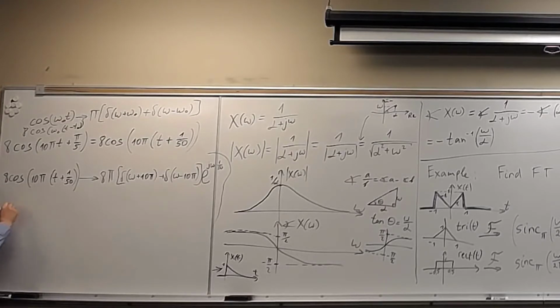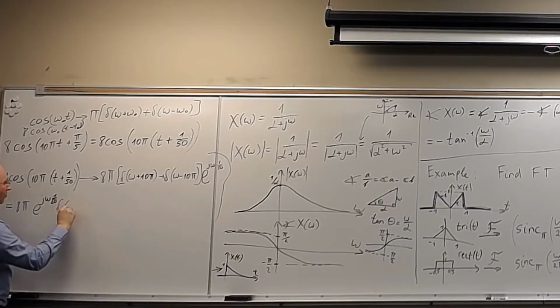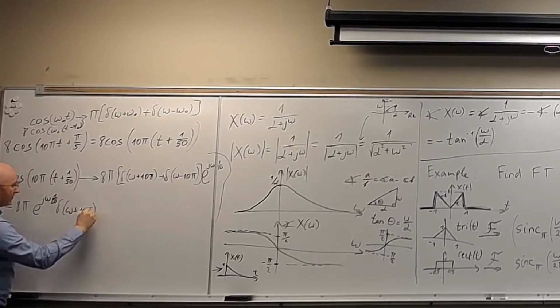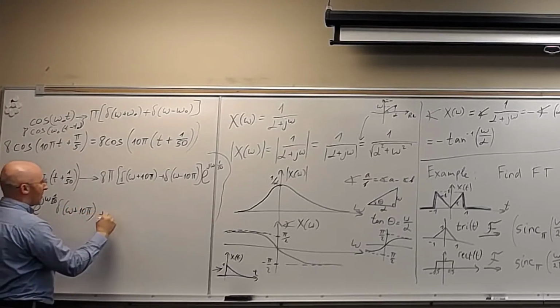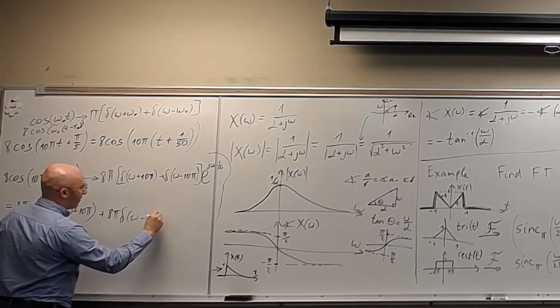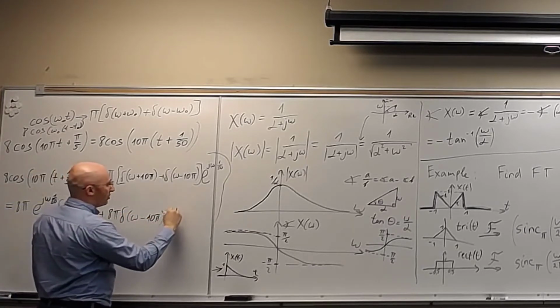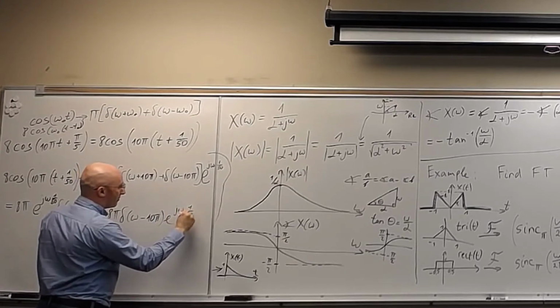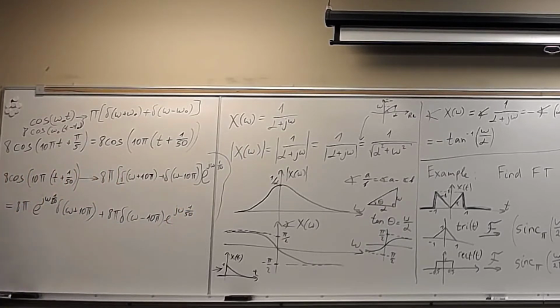So we have 8 pi exponent j omega 1 over 50 times delta omega plus 10 pi plus 8 pi delta omega minus 10 pi e to the j omega 1 over 50. Now, where this thing is not zero, what is the point?